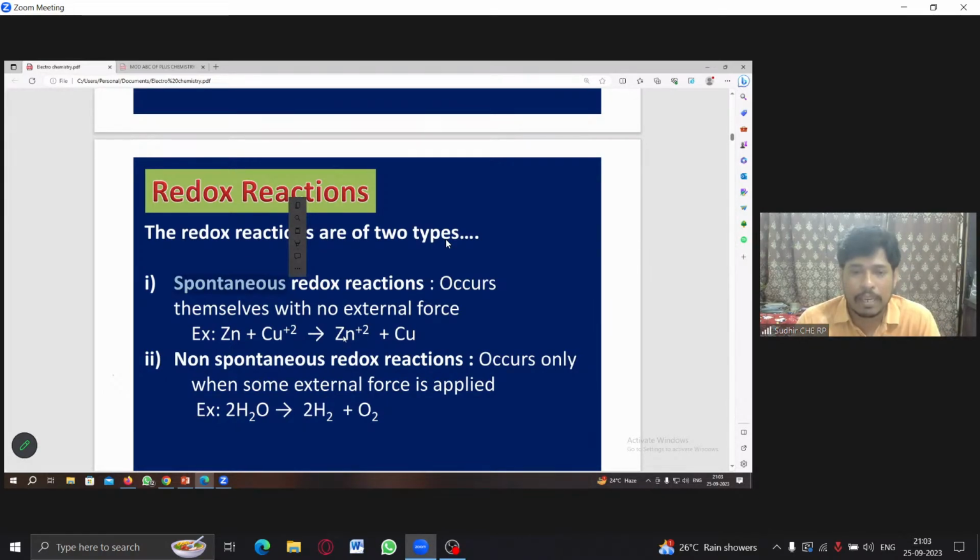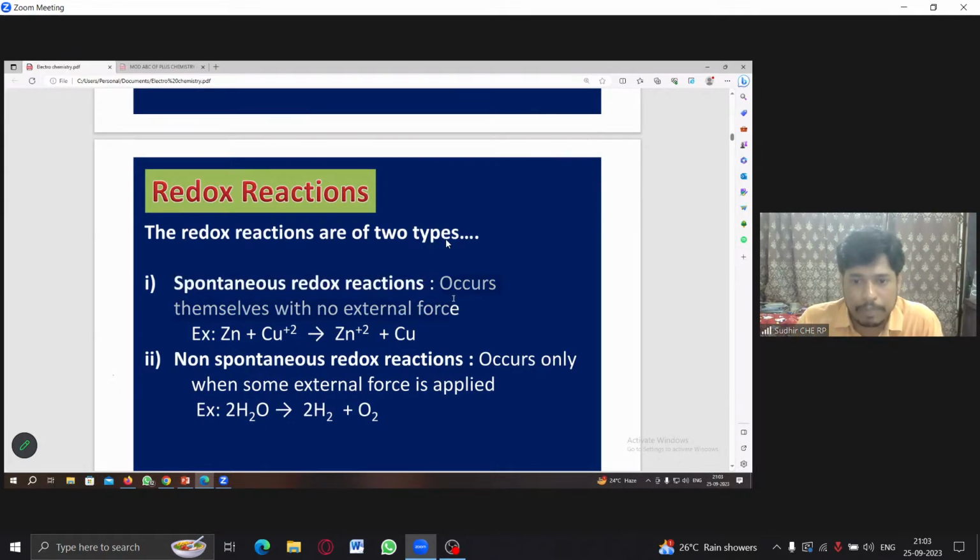If there is any debate competition, we speak very spontaneously, even though we don't have any preparation, when we have command of the topic. Like that, chemical reactions also occur by themselves in nature, whenever we mix the chemicals, without the help of any external energy, and the reactions can be completed. That's why those redox reactions are called spontaneous redox reactions.